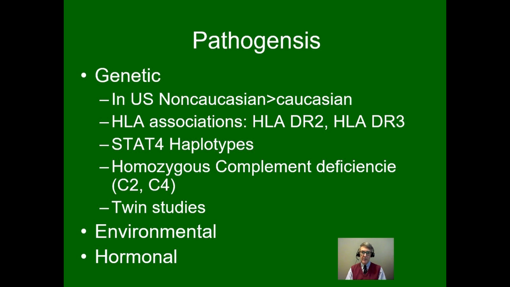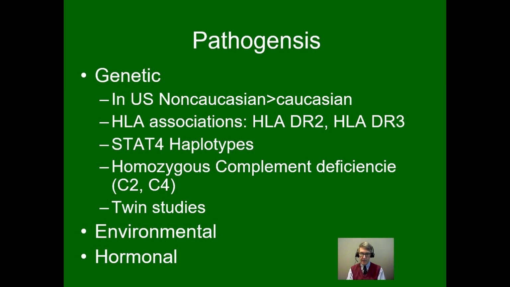Secondly, certain HLA haplotypes are associated with this. We've discussed the HLA haplotypes in the past when we talked about rheumatoid arthritis. In particular, HLA-DR2 and HLA-DR3 tend to be more associated, but there are actually many that have been noted.